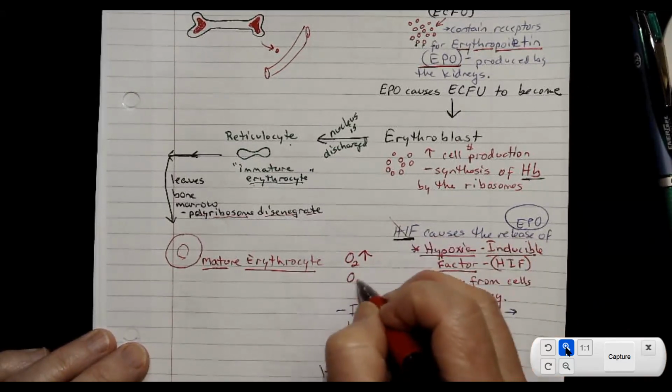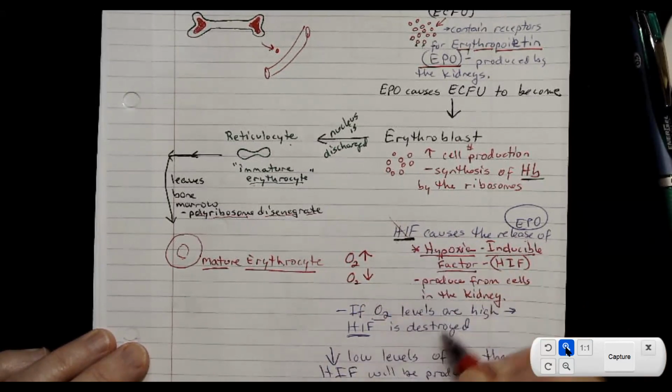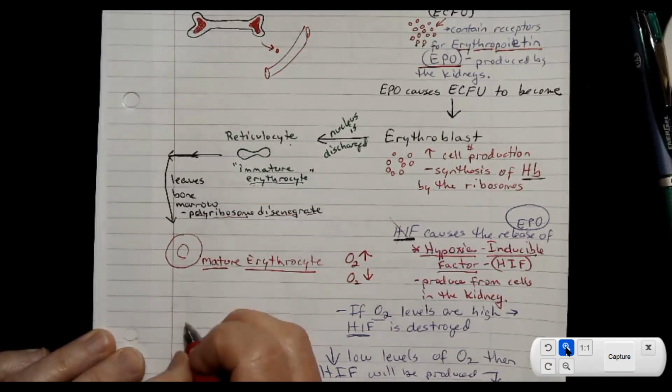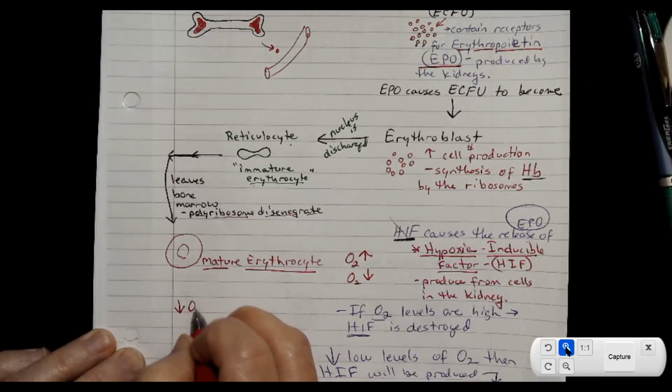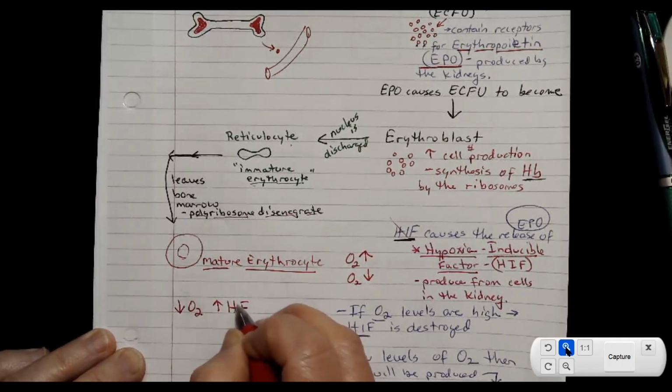But if oxygen levels are down, the kidneys will produce HIF, and when you have production of HIF, then you will produce more EPO. So low oxygen increases HIF. Sorry, I left the I out.